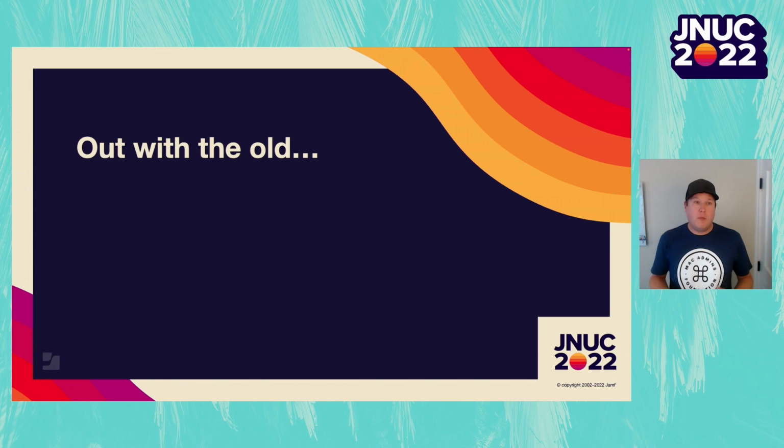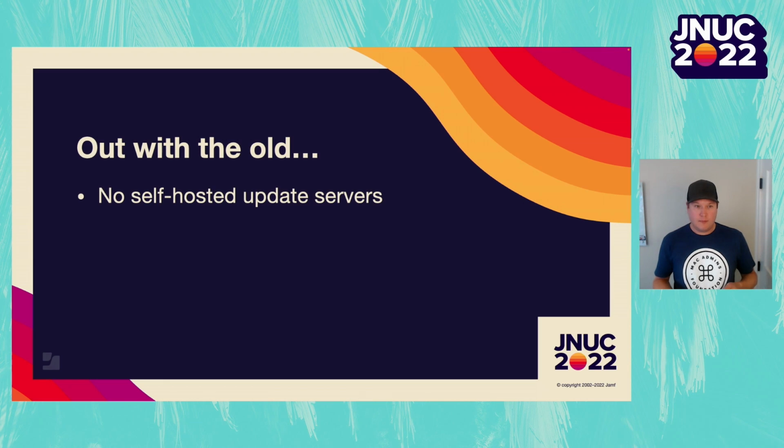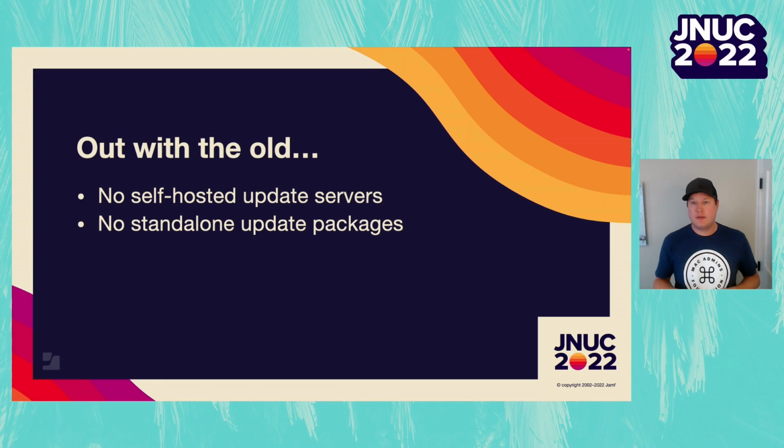So firstly, what's changed? Lots of different technology stacks that people had used in the past and methods are no longer applicable with macOS Big Sur or later. So a few of those examples, there's no more self-hosted software update servers. So no more deciding what updates will be presented to devices when they check for updates.